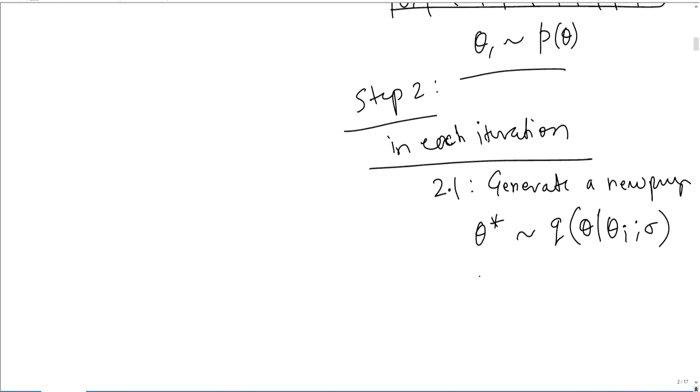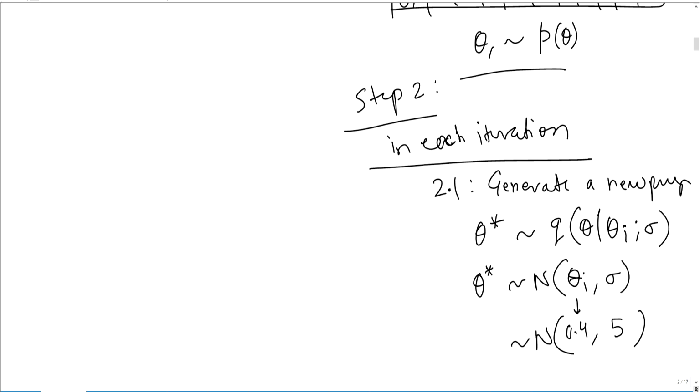For example, you have seen this particular density. Let's say my proposal density is a normal density with mean theta I and standard deviation sigma. So why does sigma matter here? Let's say the current state of the chain is theta I equals 0.4 and your sigma is, let's say, 5.